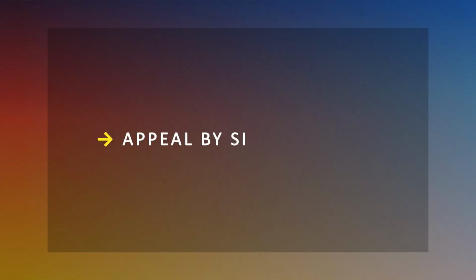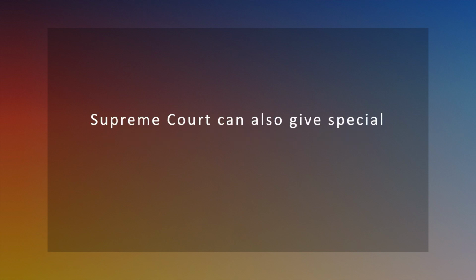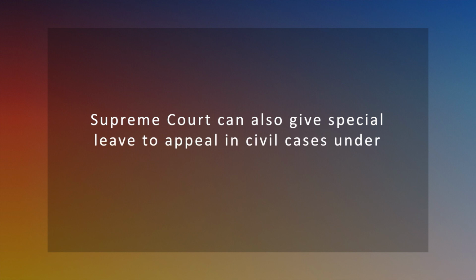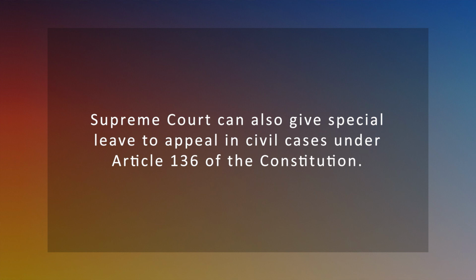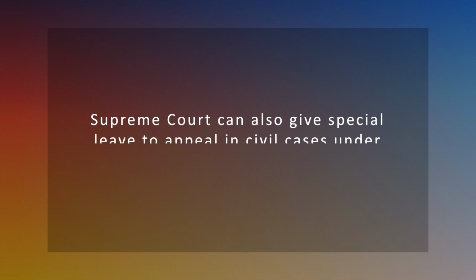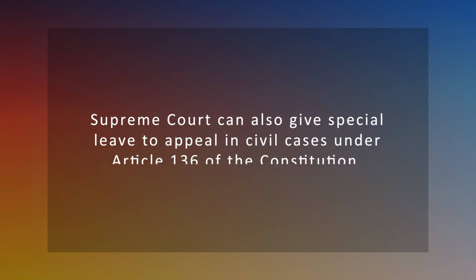And then coming to appeal by special leave. While the Constitution provides for the regular appeals to the Supreme Court from decisions of the High Court in Article 132 to Article 134, there may still remain some cases where justice might require the interference of the Supreme Court, with the decision not only of the High Courts outside the purview of Article 132 to 134, but also of any other court or tribunal within the territory of India.